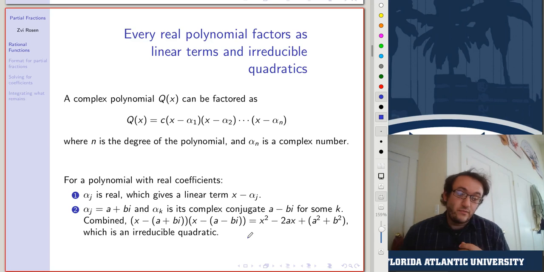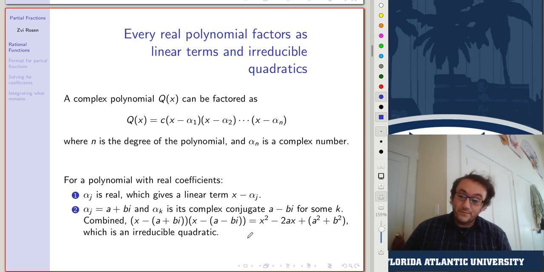These roots determine how the factorization looks. If our polynomial has real coefficients, then alpha j might be real, which means we pick up a linear term x minus alpha j in the real factorization. Or we'll have alpha j equals some complex number a plus bi, but then we'll have another root of this polynomial, alpha k, which will be its complex conjugate, a minus bi for some k.